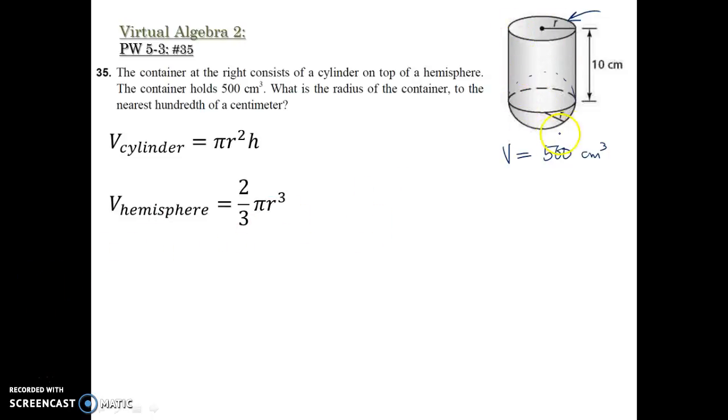So to get the volume of this whole thing, we need to do the volume of the cylinder plus the volume of the hemisphere, and that will equal the volume of the cylinder with the hemisphere stuck to the bottom. So the volume of the cylinder is pi r squared times h, the height, and the height we have is 10.